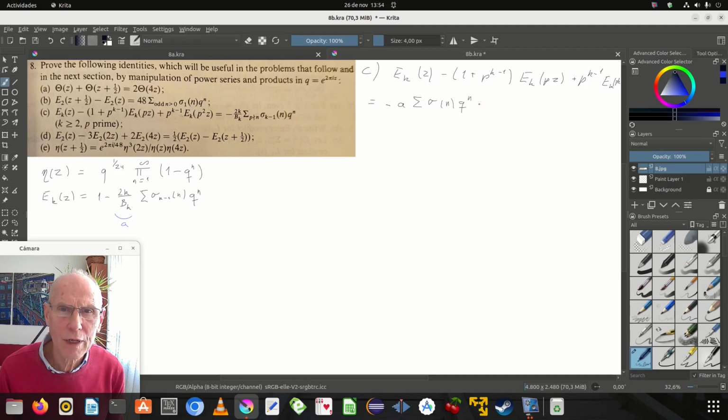n q to n, and then plus 1 plus p to k minus 1 a, minus a p to k minus first sigma.